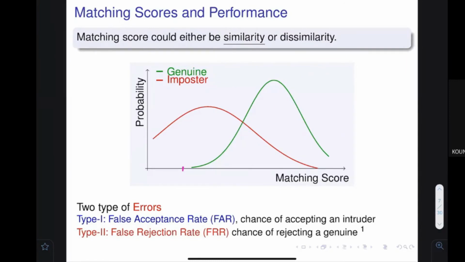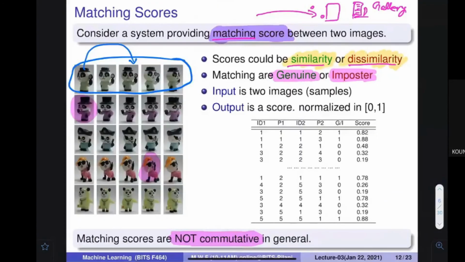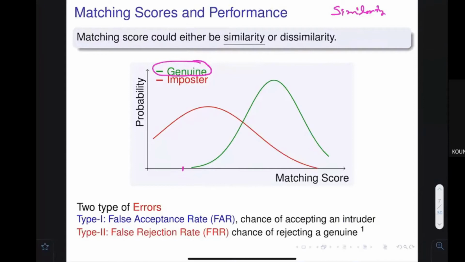Here we are assuming that the score is similarity. If I take only the genuine scores, when I match the same person's image with his other image, and look at the histogram, it comes out like this.